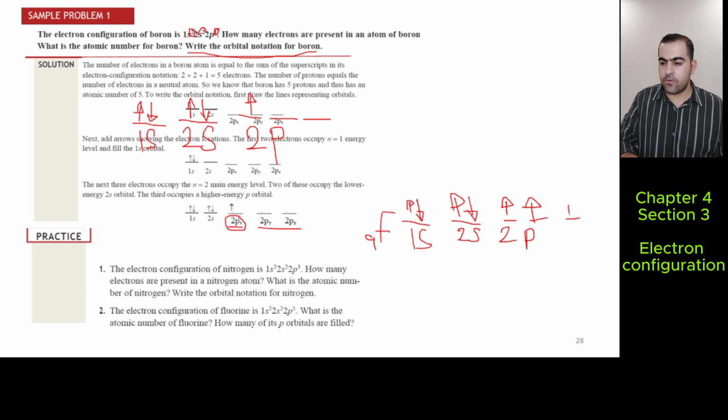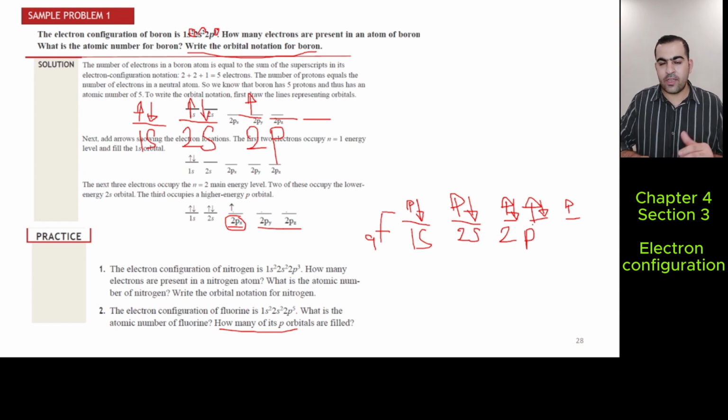2, 3. So I start from the left again. 4, 5, 6, 7, 8, 9. So it says, how many of the p orbitals are filled? P has 3 orbitals. 2 of them are filled, but this one is unfilled.